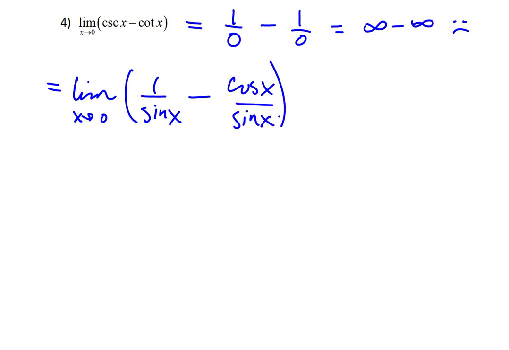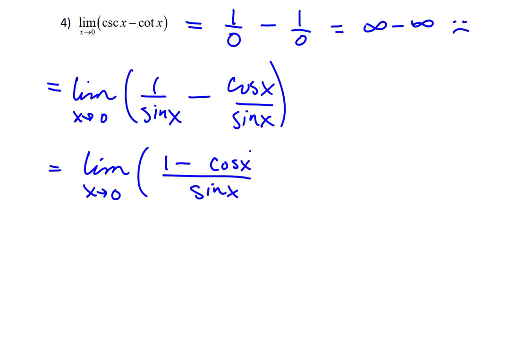And in doing this, it doesn't change anything yet, but it might give us a hint that we actually have a common denominator already in the way that these are set up. So let's simply rewrite this as the limit as x approaches 0 of, I'm just going to write this as one fraction, so 1 minus cosine of x all over sine of x.